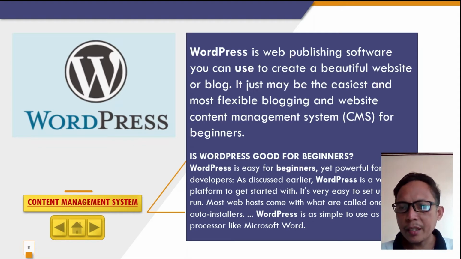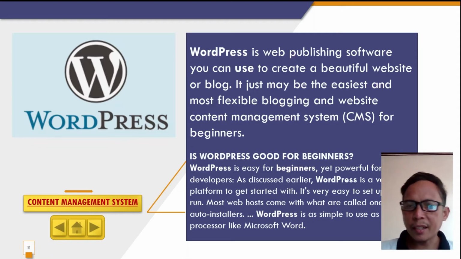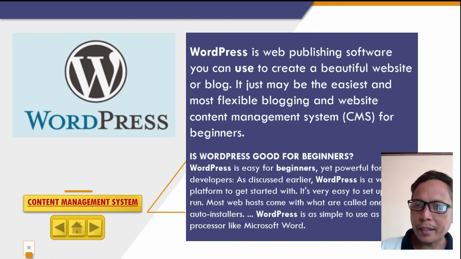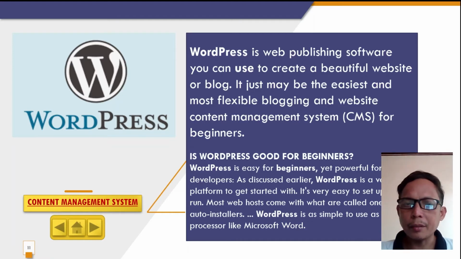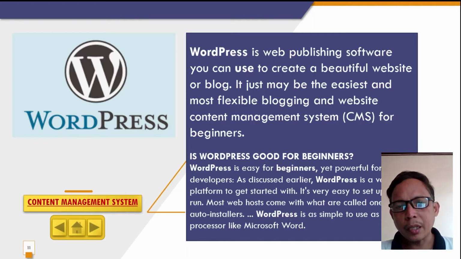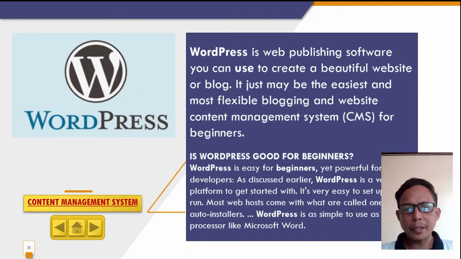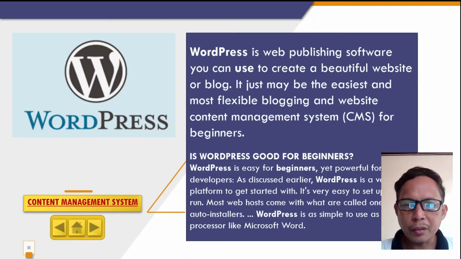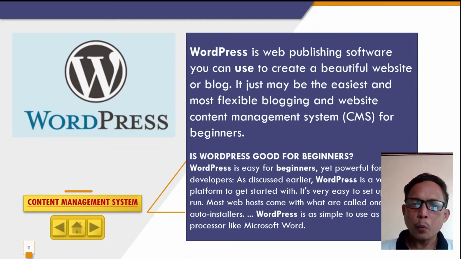It is a very easy platform to get started with, very easy to set up and run. Creating a website in WordPress, you can create a website locally or online. Most web hosts come with what is called a one-click auto installer.